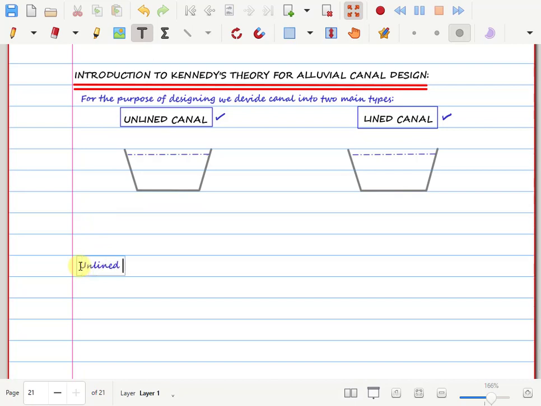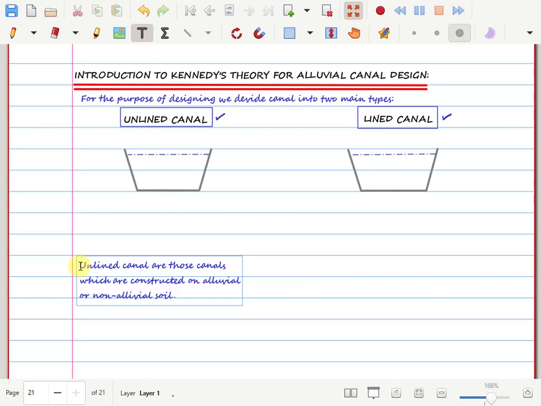Unlined canals are those canals which are constructed on alluvial or non-alluvial soil, right? They are constructed directly on alluvial or non-alluvial soil.